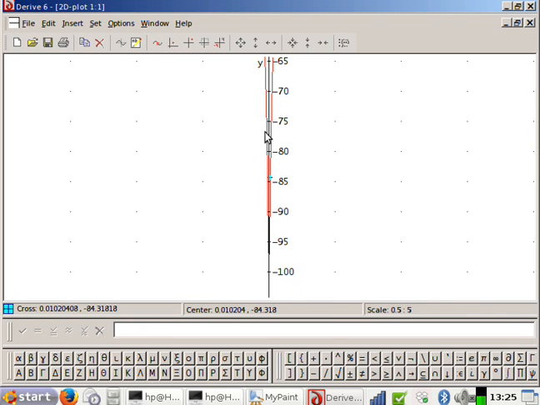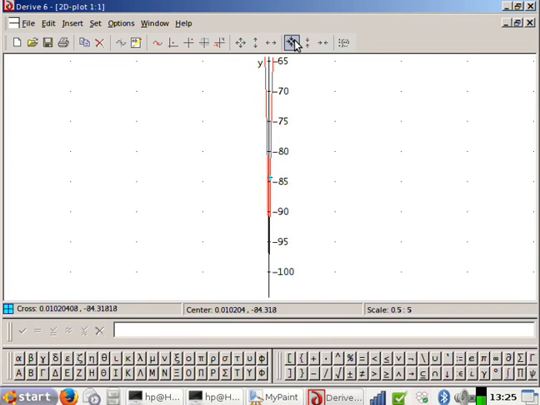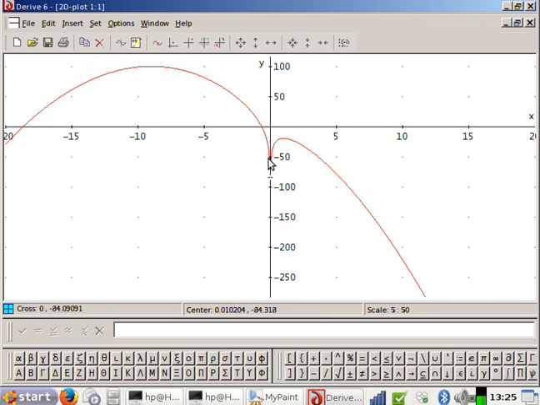The base is 1. Yeah, what you can't see on this graph, if I zoom back out, is that this is actually shooting down to minus infinity, that it has no value on the y-axis here. It's shooting straight down to minus infinity.